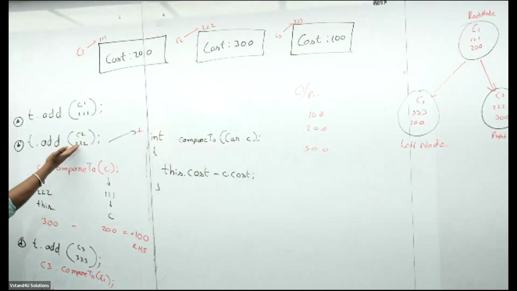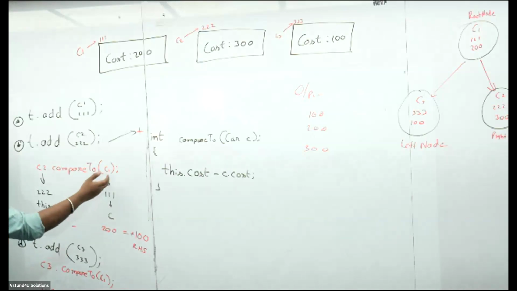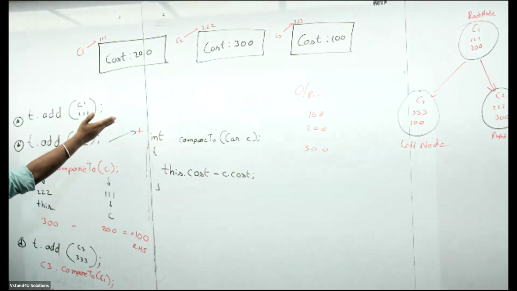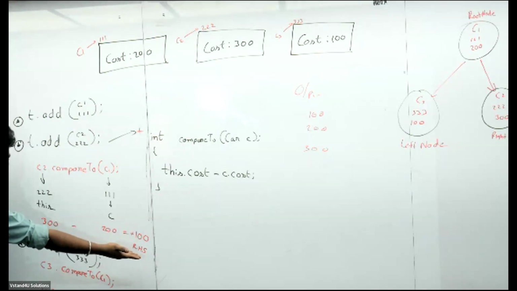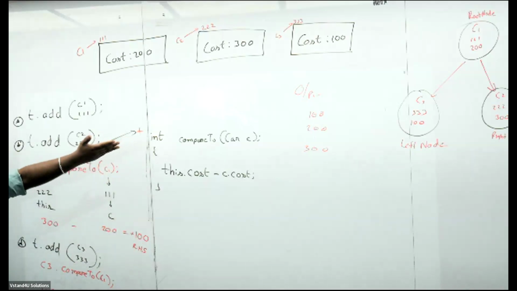Now I should compare C2, no? If it is the current object in Java, I have to make use of the this keyword. C1 already exists in the root node, 200. C2 is 300. 300 minus 200 is 100. If it is positive, it goes to the right-hand side. It will be stored in the right node.